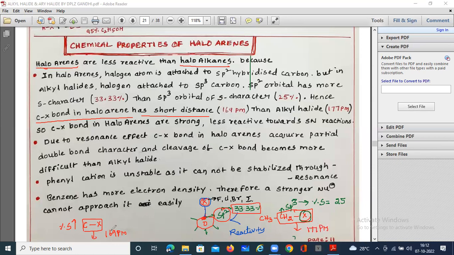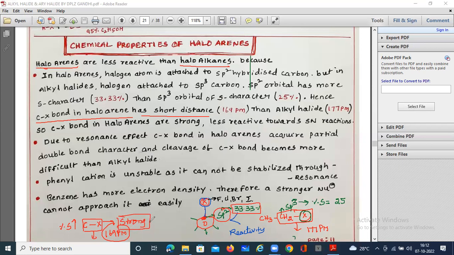So which one has the shorter distance? This one. If it is shorter, obviously it should be very strong, isn't it? If the distance between the carbon and the halogen is less, the bond would be strong.